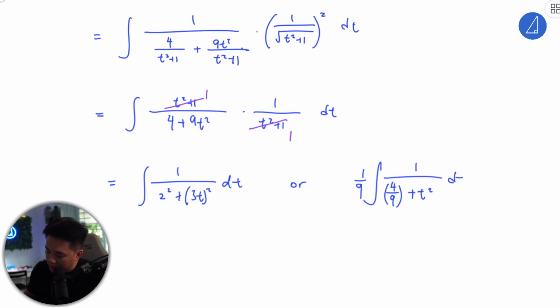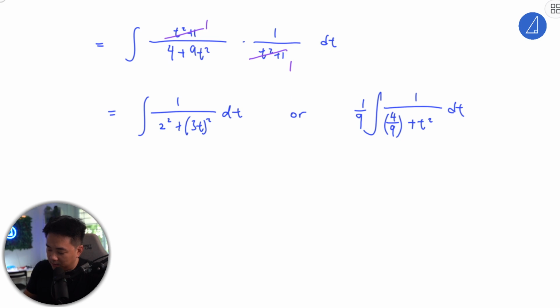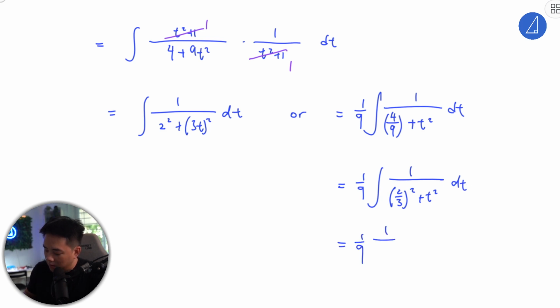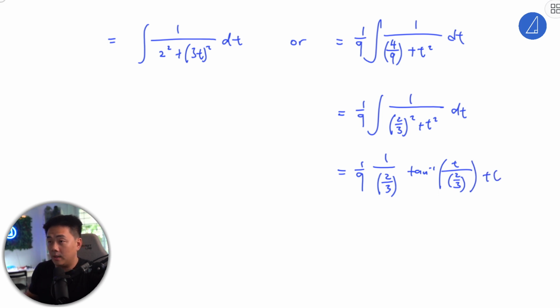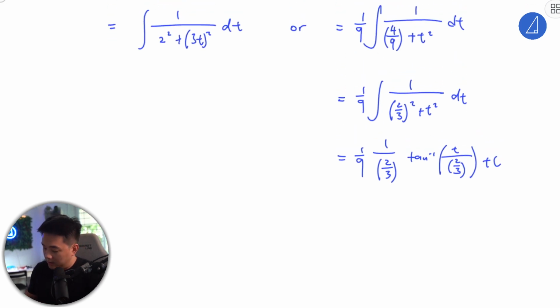This is less prone to careless mistakes. So it is 1 over 9, 1 over 2 over 3 square plus t square dt. This will just be 1 over 9 times 1 over 2/3 tangent inverse, right? So that will be tangent inverse of t over 2/3, plus c. Okay, so this case here, what we get is this.